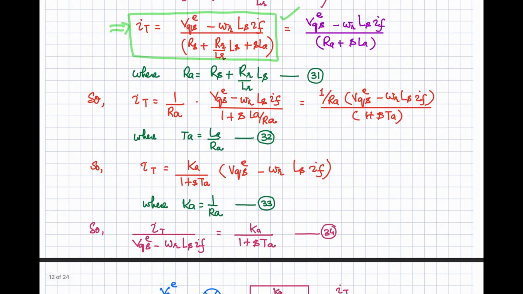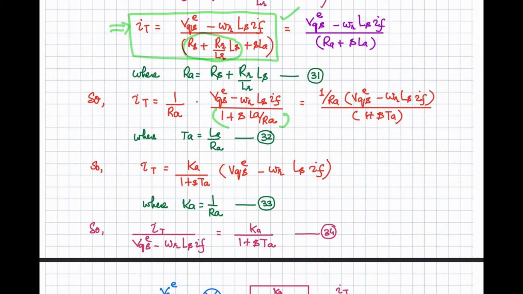Okay, now we can write this current equation like this: It is equal to 1 by Ra, taking this common out. So what will be left? 1 plus sLa by Ra over here, and the Ra is outside. So we can write down this equation like this, and finally we can represent it like that.